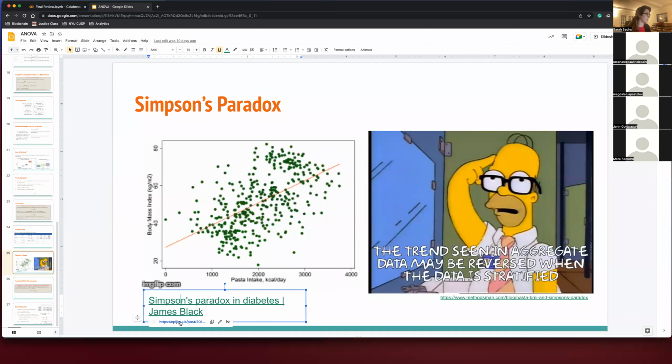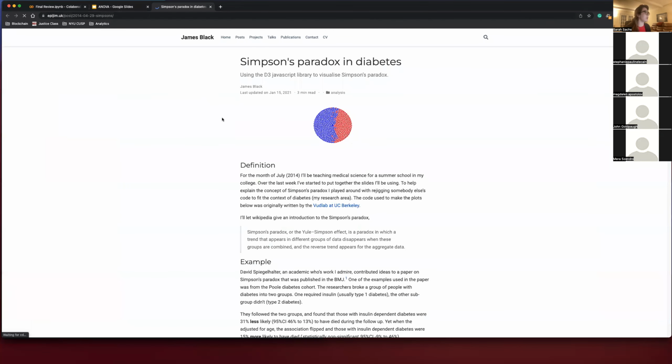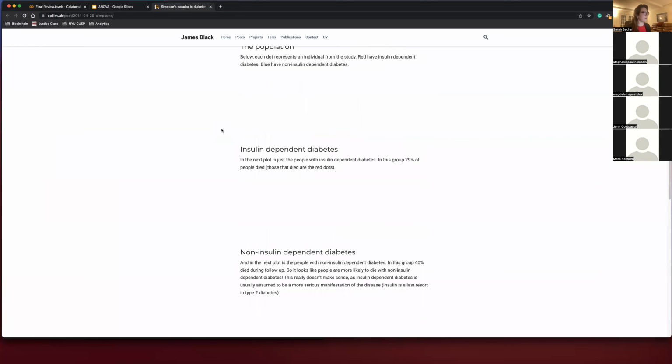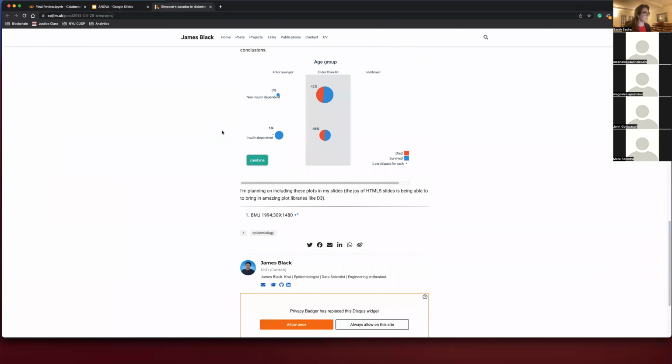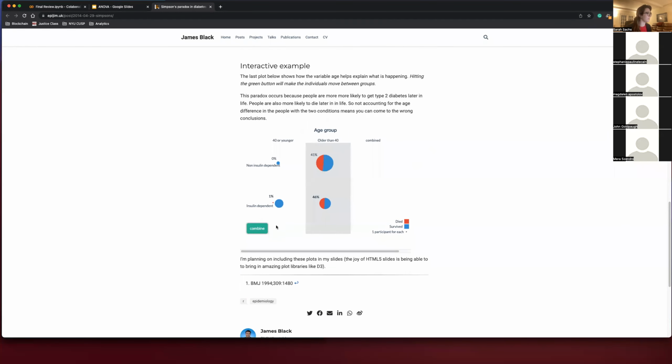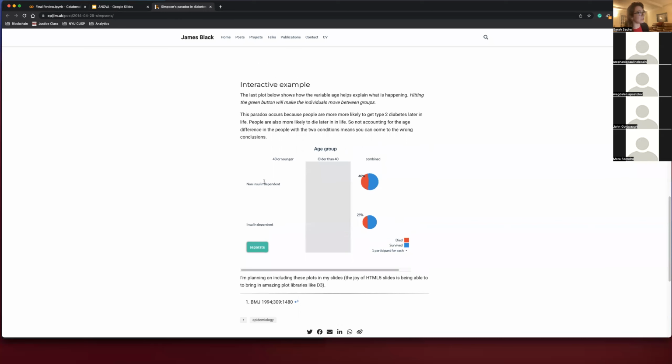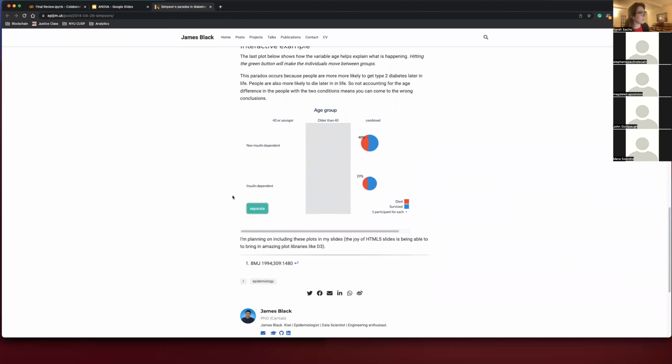So just connecting back to this link, because this shows it a little bit further with an interactive example. It's pretty much saying when you start to use something like age to change different things, it can skew the results that you're seeing.